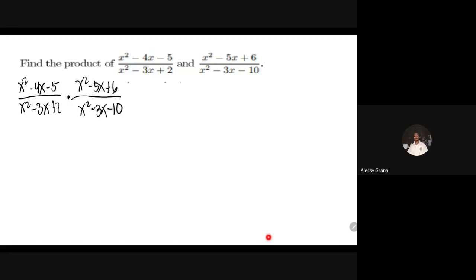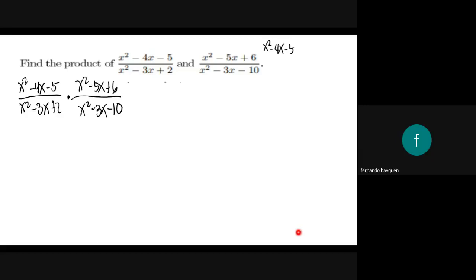Can you give me the factors of x squared minus 4x minus 5? Ano kayang factor niyan? Fernando? Ay, hindi ko nakikita nagtataas ng kamay.